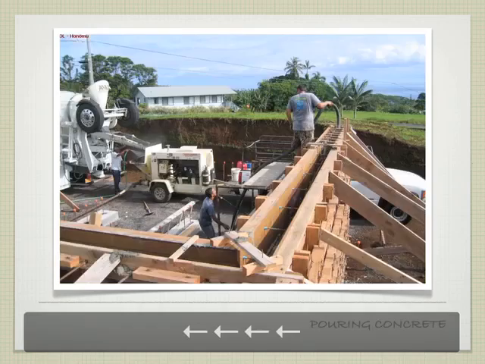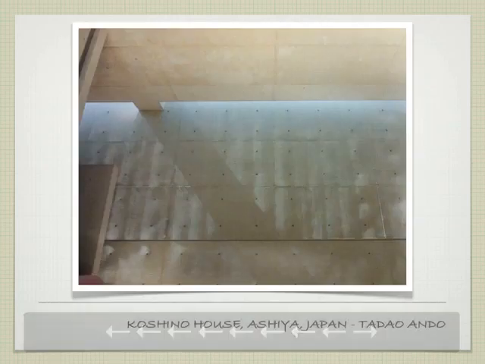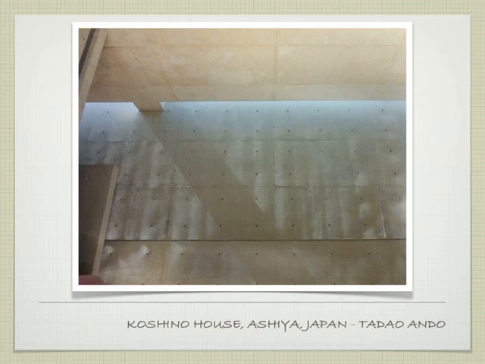If we jump all the way back to the Tadao Ando pictures, you can see there's a sheet of plywood, there's another sheet of plywood, but notice the spacing of these holes for the form ties is even. Now, that's a separate type of joint. That's a lift joint, where we have the lower wall followed by the upper wall.